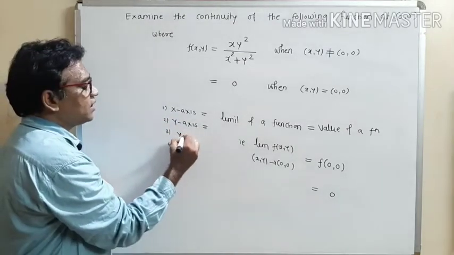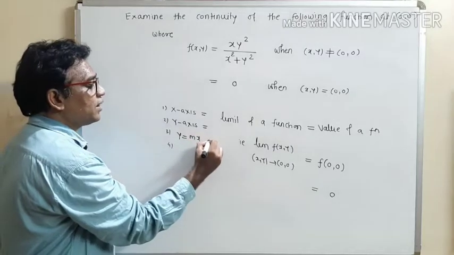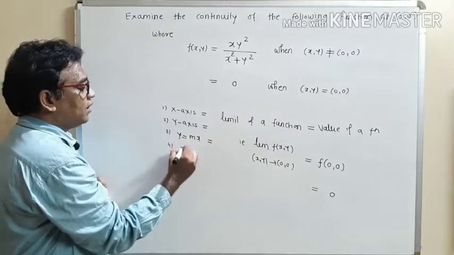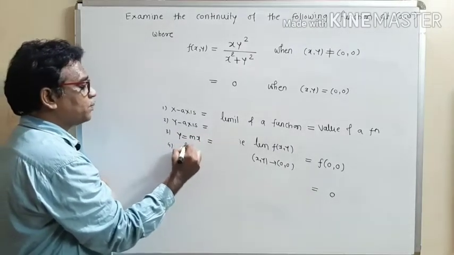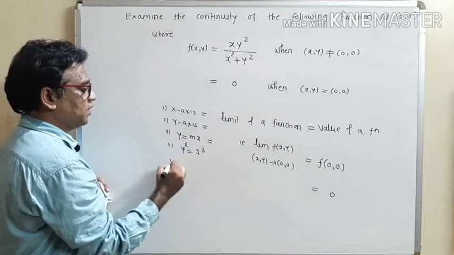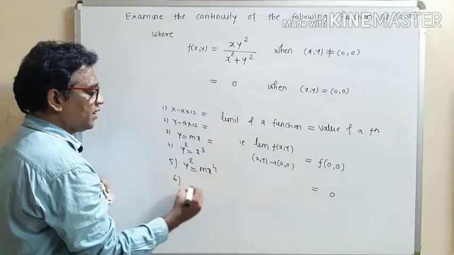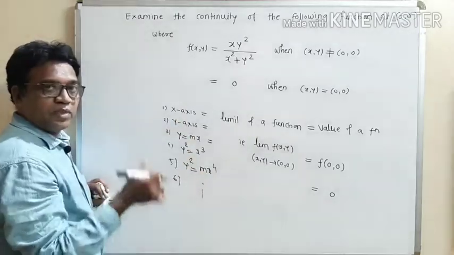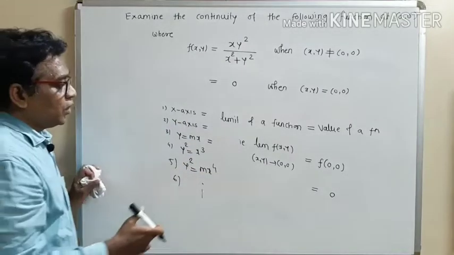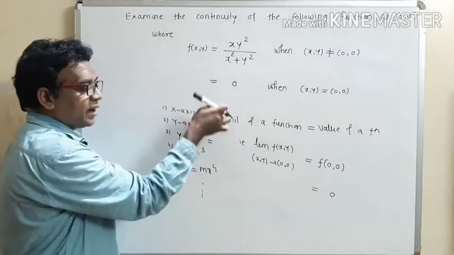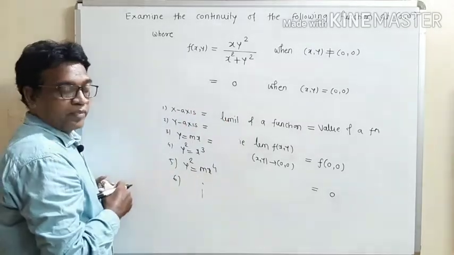Let us take the general path y equal to mx, find out the limit. Let us take the limit along the path, suppose y² equal to x³. Let us take suppose y² equal to mx⁴. We can take any path. So what is the method? Use different paths and get the limit.